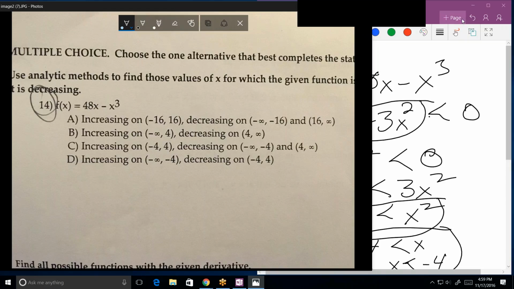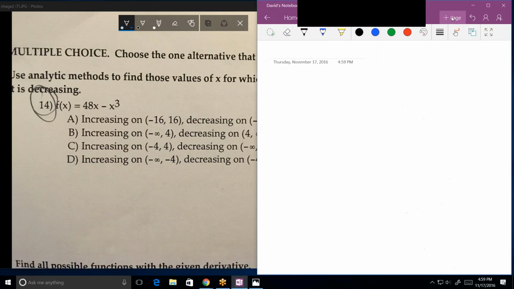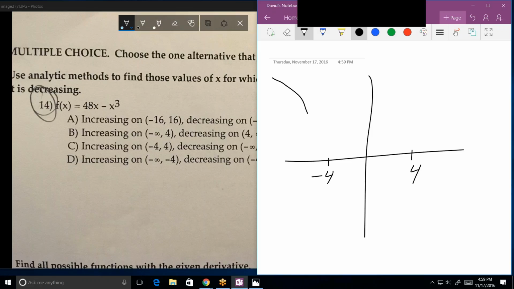In other words, if I were to try to draw a picture of this function, here's minus 4 to 4. It might look something like this. It's decreasing on that interval, it's increasing on that interval, and it's decreasing on that interval. Right. Gotcha. This is the original function.